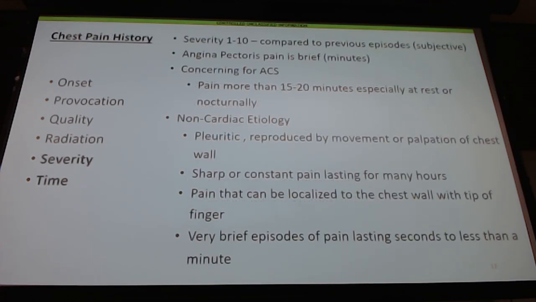How bad is it? So pain lasting for more than 15 to 20 minutes, especially at rest, is concerning for ACS. If it lasts less than 15 to 20 minutes, or it's just occurring with exertion, then maybe it's just stable angina that we're dealing with. So how long is it lasting, and when did it start is important.